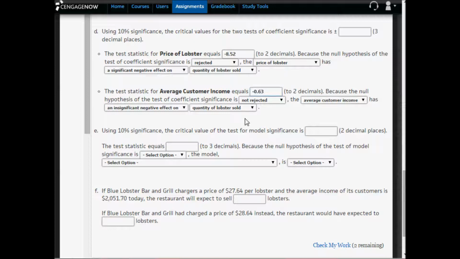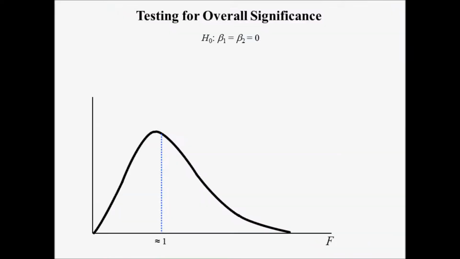In part E, we want to test for model significance. The hypothesized true model is y equals beta 0 plus beta 1 times x1 plus beta 2 times x2 plus an error term. We cannot know the betas.